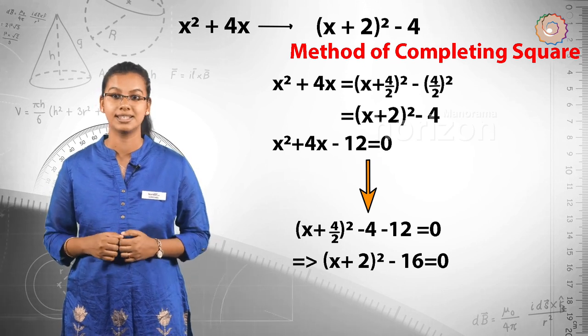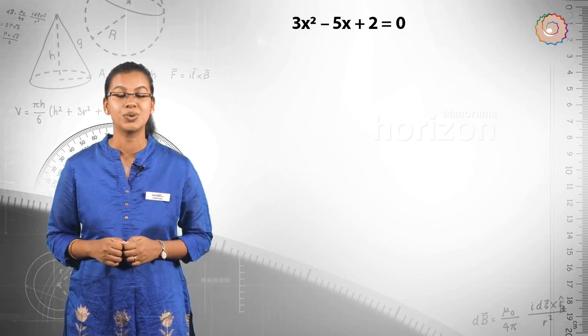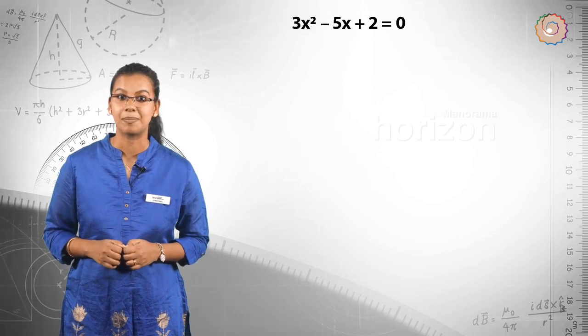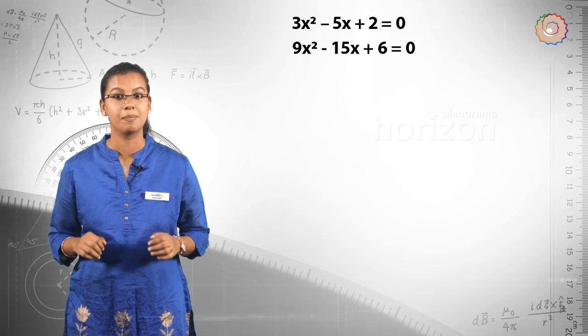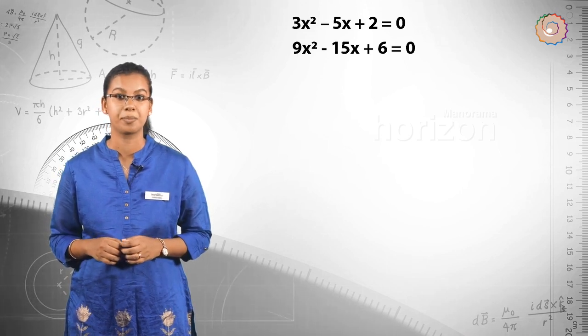Let's see another example. 3x square minus 5x plus 2 equal to 0. The first step is multiplying throughout by 3 to make the coefficient of x square a perfect square.